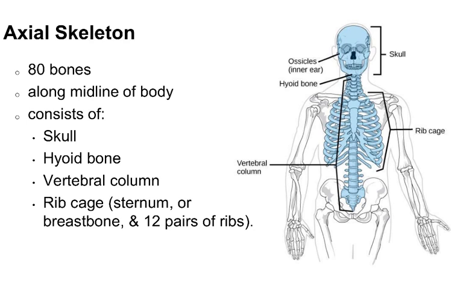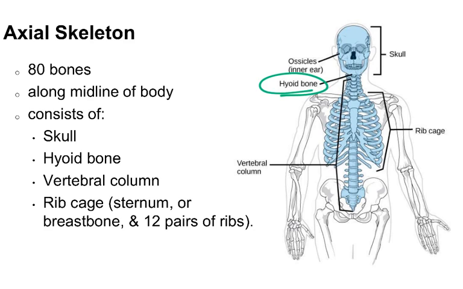So these bones fall into a couple categories. The bones of the skull, which includes the bones of the cranium and the facial bones, and a bone that is the only bone in the body that does not articulate with any other bone. It sits on top of the larynx. It's called the hyoid bone.